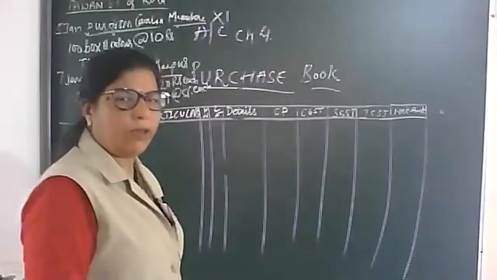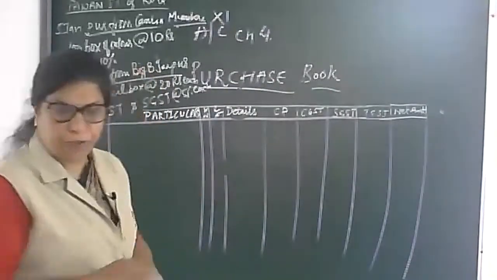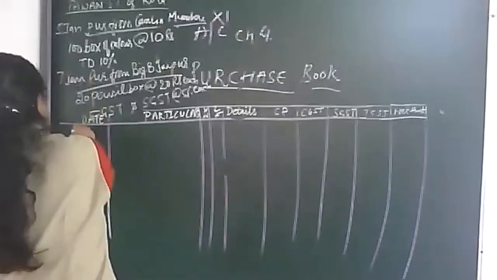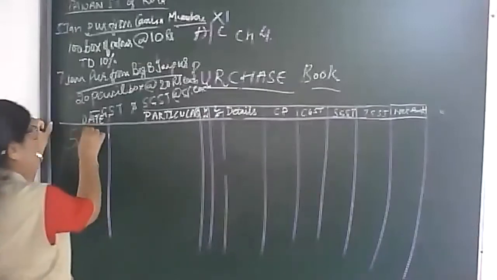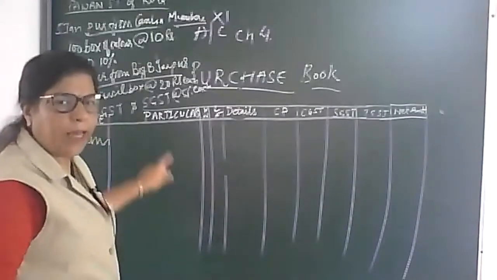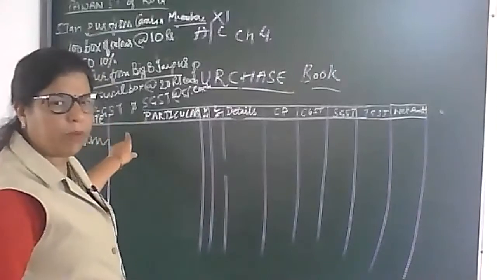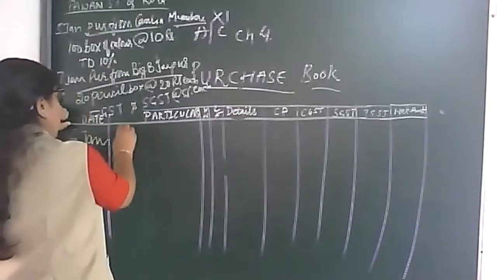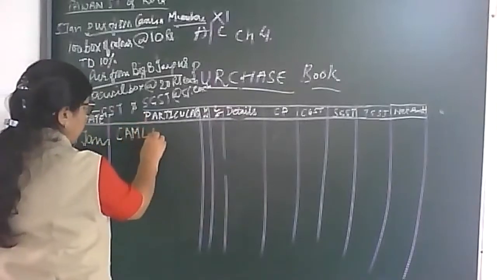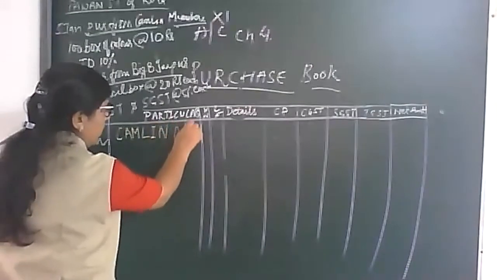Now see how to enter. First of all, date, and the date given is 5th January. You can use a black pen for writing the heading, or you can use block capital letters: Camlin, Mumbai.